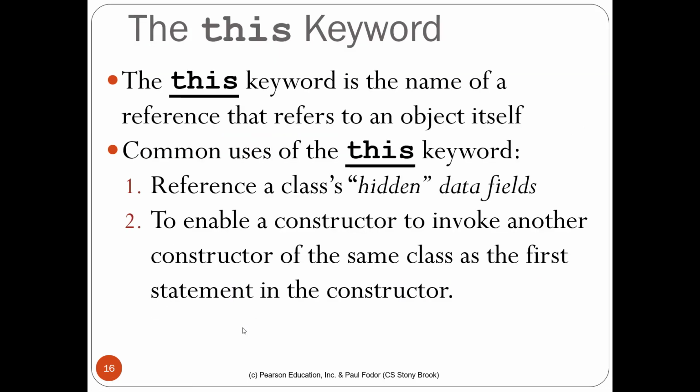Great. Now let's move to another interesting keyword, which is called this. What is the purpose of the keyword this? Well, it is very handy. If you look at some implementations of objects, you will see that this keyword is used very often.